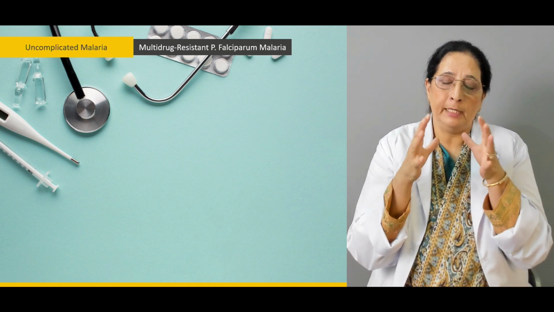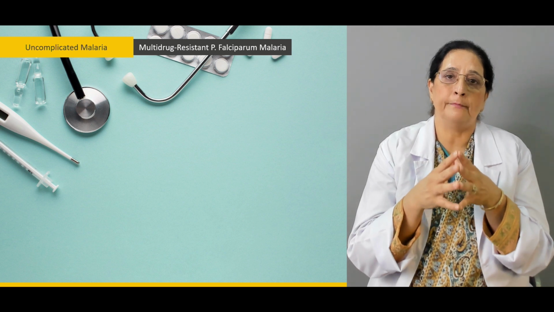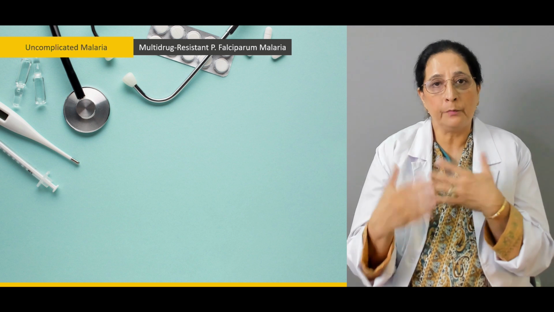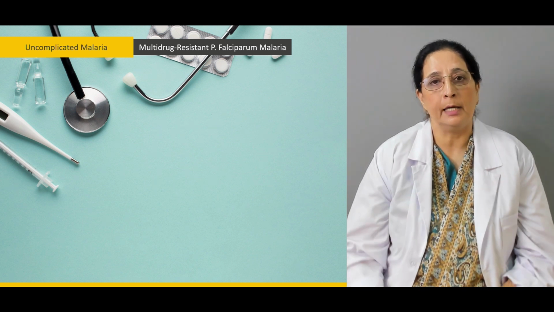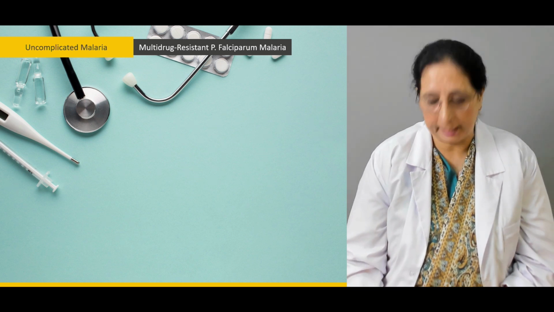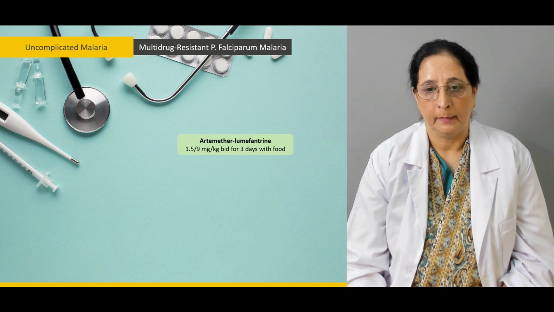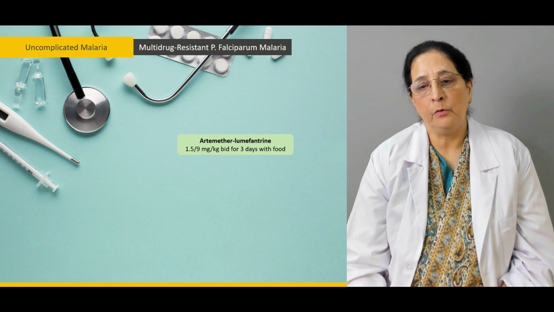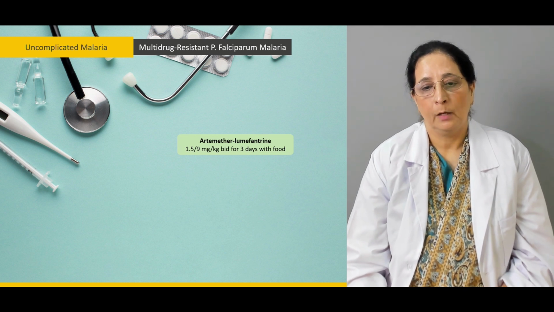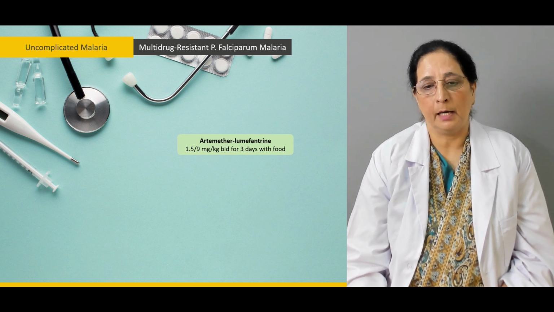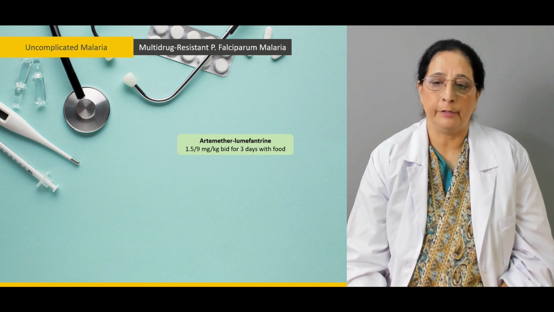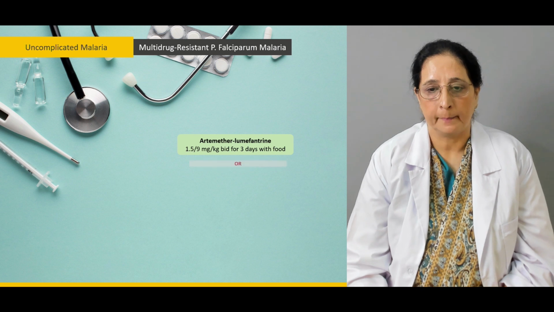So if the strain of Plasmodium falciparum is resistant to different drugs, what will be the treatment in those uncomplicated malaria patients? We have artemether and lumefantrine, 1.5 and 9 milligram per kilogram twice a day for 3 days with food.